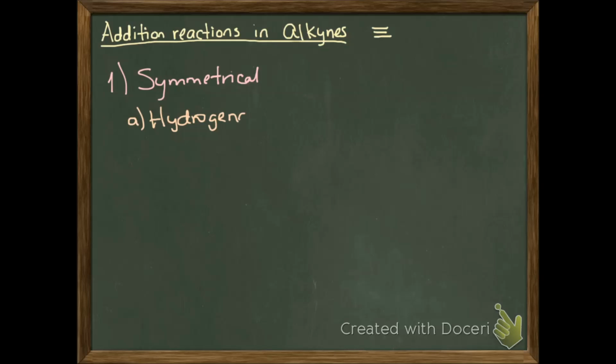but in this case all these reactions will happen in 2 steps. For this one, the partial hydrogenation is when I add 1 hydrogen molecule.